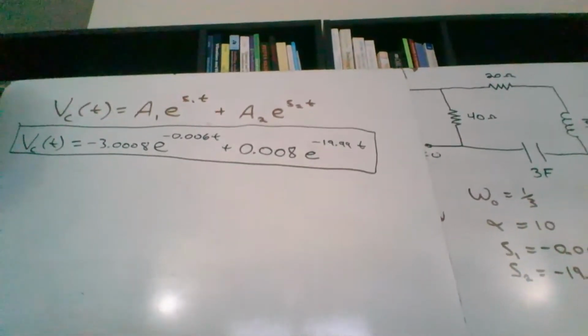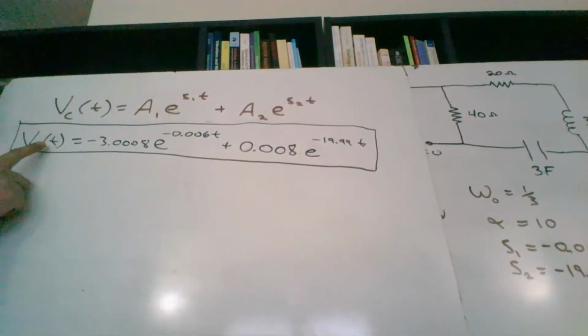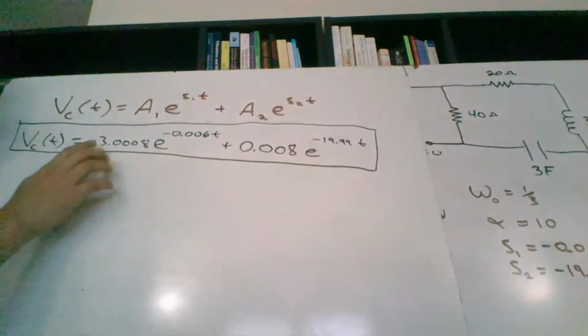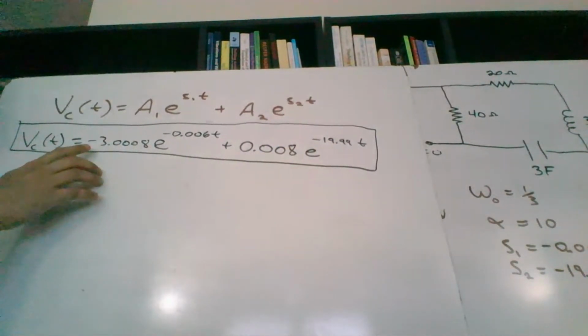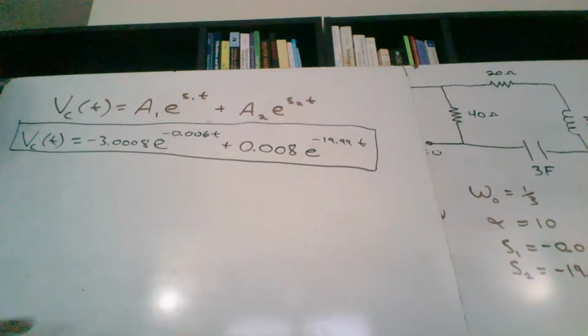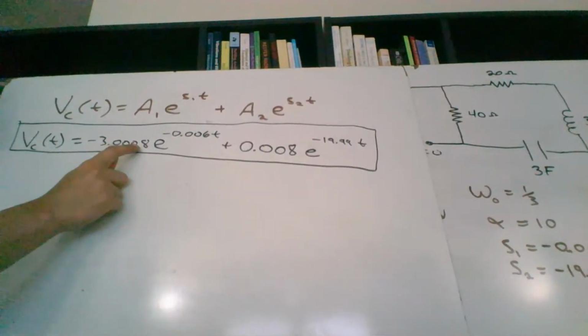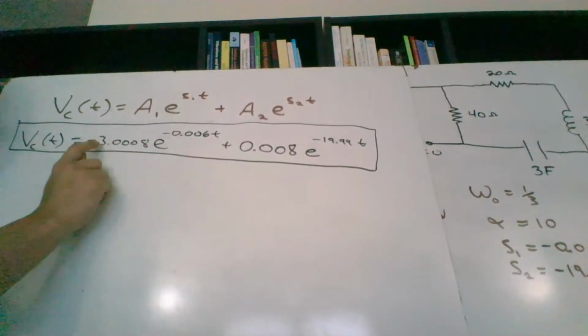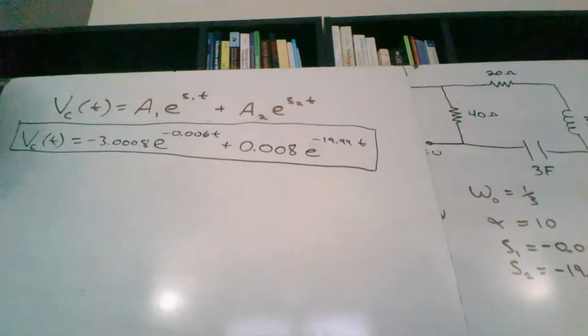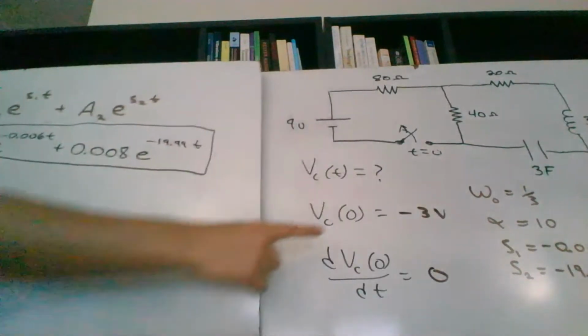If you take the voltage at time equals 0, this term goes to 0, this term goes to 0, and you end up with negative 3, perfect, because it would be negative 3.0008 plus 0.0008, and you end up with minus 3 volts.